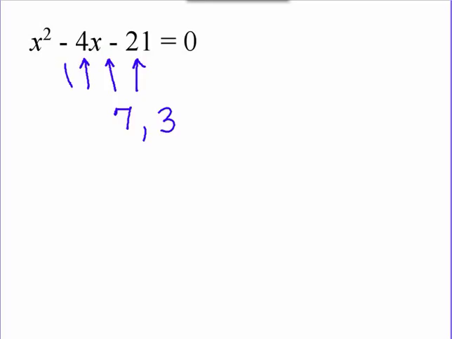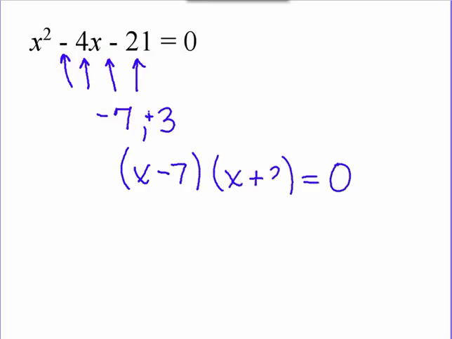Remember, you get a negative 4 by negative 7, positive 3. So I'm going to start by writing 2 quantities. The first term in each quantity will be x. And then I've got a minus 7 and a positive 3. If you go through to solve, you should get 7 for your first answer, negative 3 for your next. And remember, you could have those in opposite order as well. That's it.